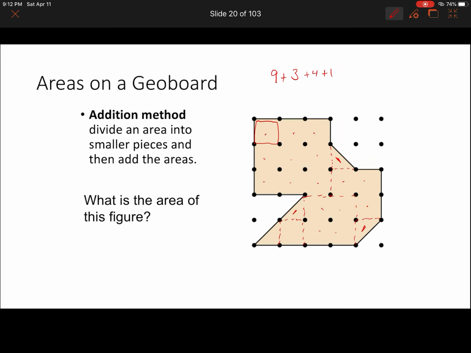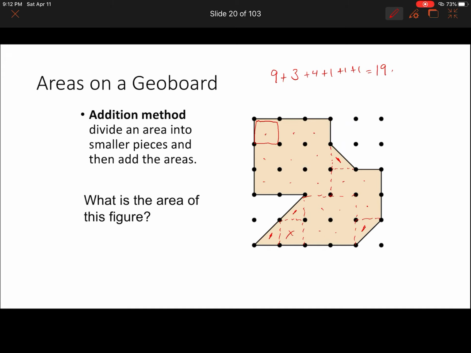And then you have this half and this half, which is another 1. And then you have this piece, which is also 1. And so when you add all those up, you see that you have 9 plus 3, which is 12, 12 plus 4, which is 16, and then 17, 18, 19 square units, whatever that is.